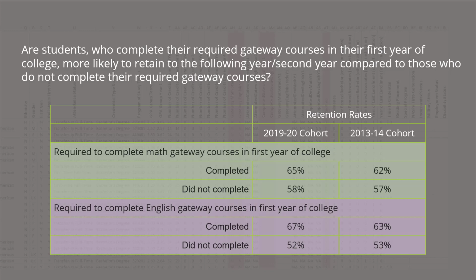Of those who did not complete their required English Gateway course, only 52% retained in 2019-20, which was consistent with the 2013-14 cohort. Prakesh identifies a valuable insight that students who take their Gateway courses in their first year have consistently higher retention rates for both Math and English.